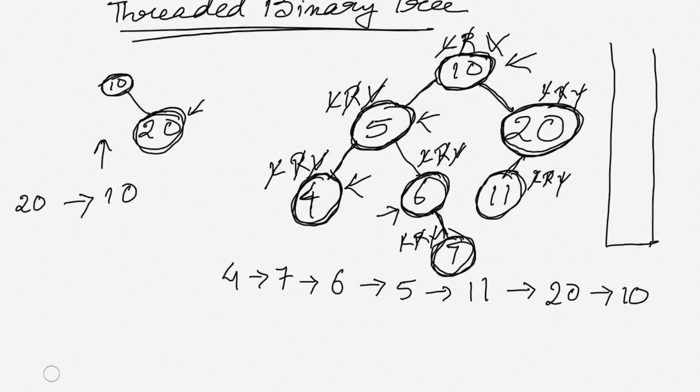So just to give you a brief idea of how it would look if we implement this iteratively using a stack, we would start with the root, which is value 10. We would push that in the stack, and we would push its right child first, followed by the left child.